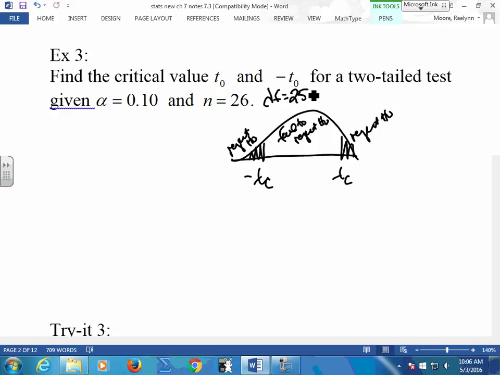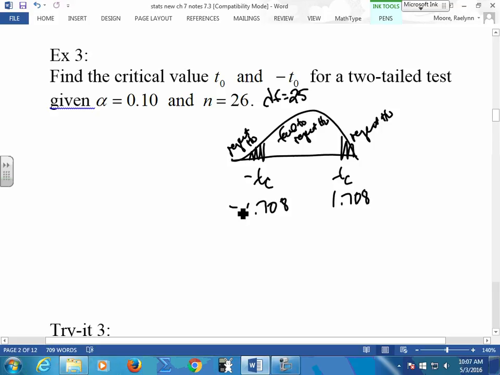I don't want to hear later, I can't find this. A18. All the way across the top, two tails. Come down to degrees of freedom 25. What do you get? 1.708. What do I have to do now? There you go.